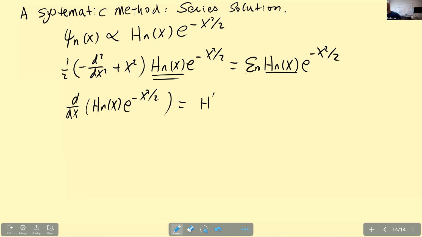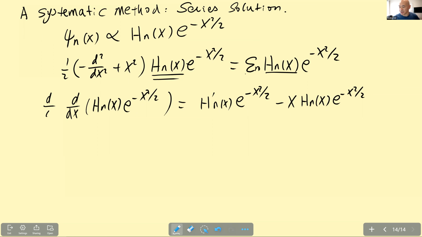One is the derivative of this factor, and another term is minus x.